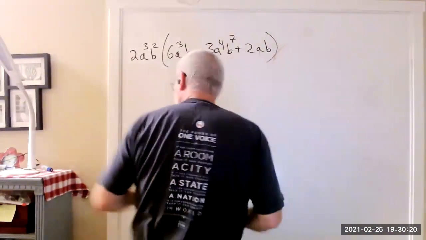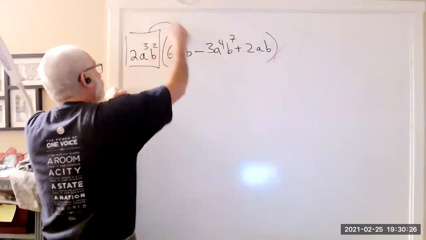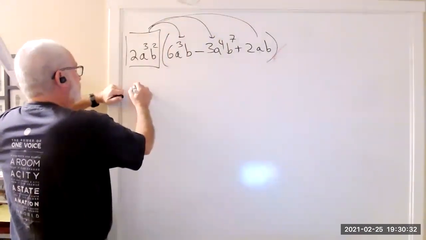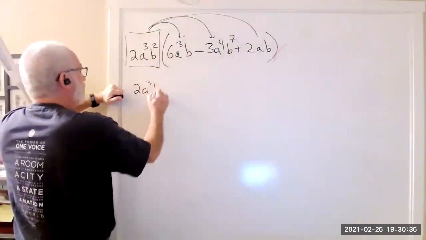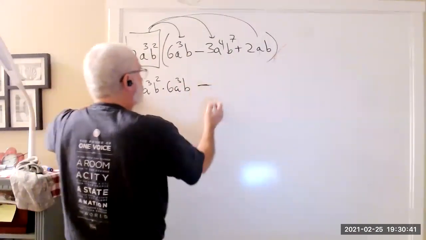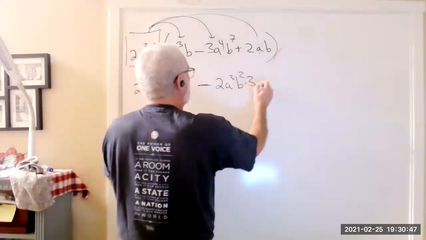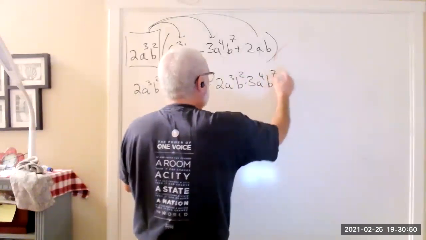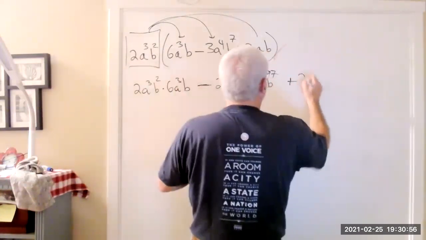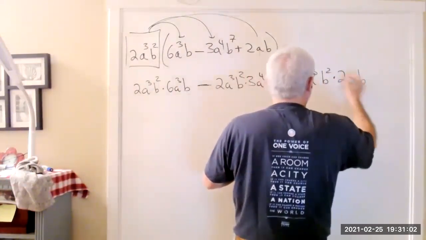Okay. Here we go. We're going to distribute 2a to the 3rd b to the 2nd to each term in the polynomial. So we're going to set up a series of baby problems. 2a to the 3rd b to the 2nd times 6a to the 3rd b, minus 2a to the 3rd b to the 2nd times 3a to the 4th b to the 7th, plus 2a to the 3rd b to the 2nd times 2ab.